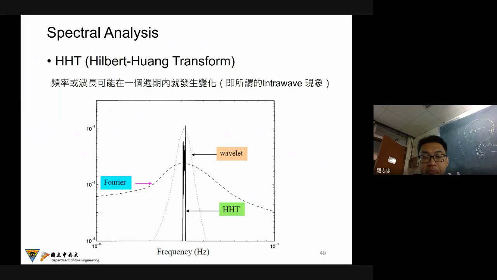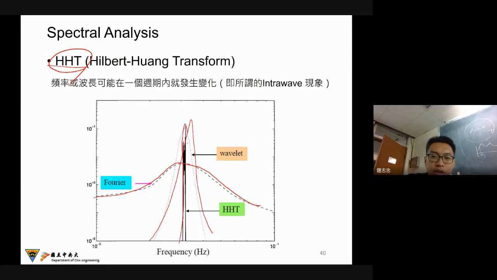I think maybe some of you already heard of the Hilbert-Huang transform, and this is another method for time frequency spectral analysis, especially for very short period time variation. So you can find the difference between Fourier, the wavelet and the Hilbert transform.